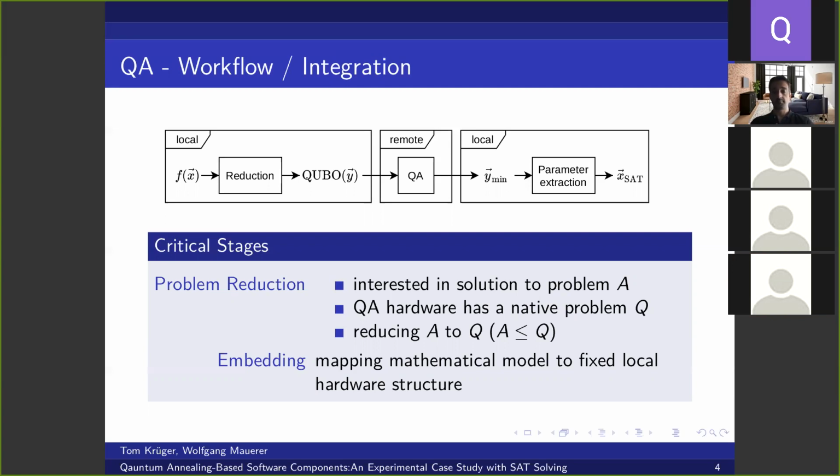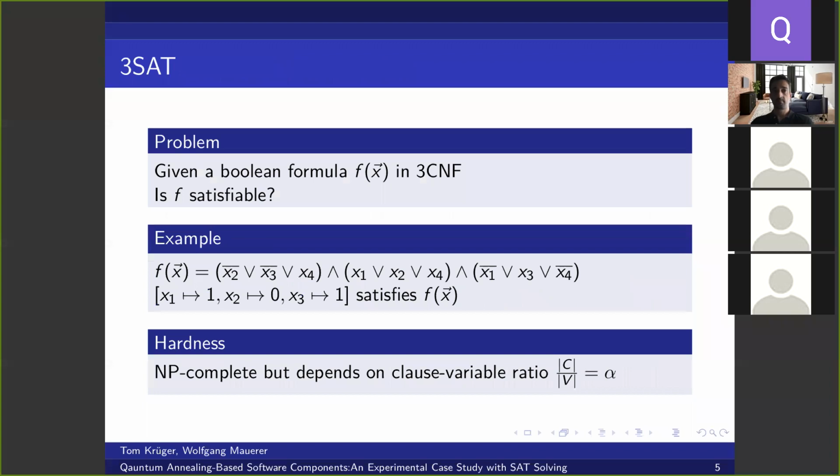And the second stage, which we don't have at classical optimization solvers, is the process of embedding, because in the case of quantum annealer, we have a hardware accelerator with a fixed hardware structure, and we have to map our QUBO function onto this fixed hardware structure.